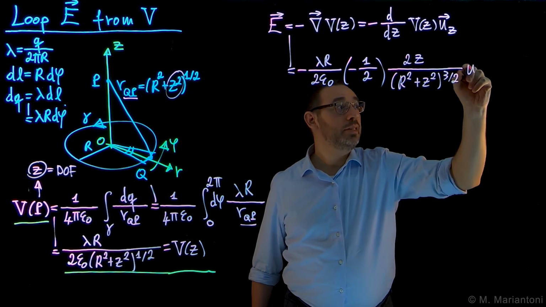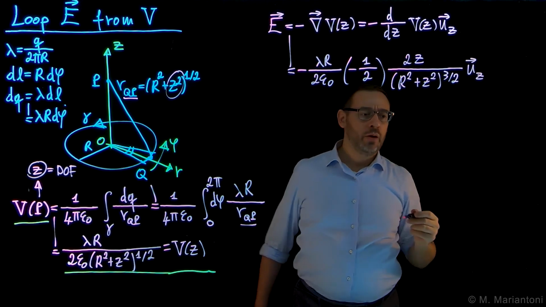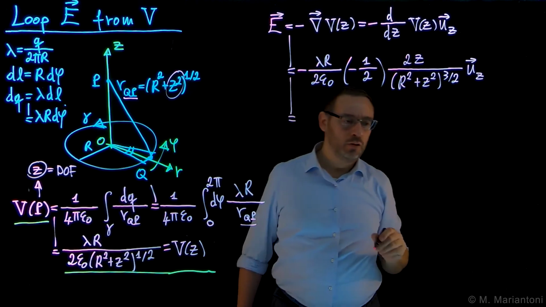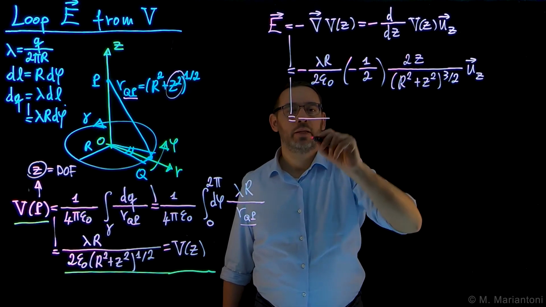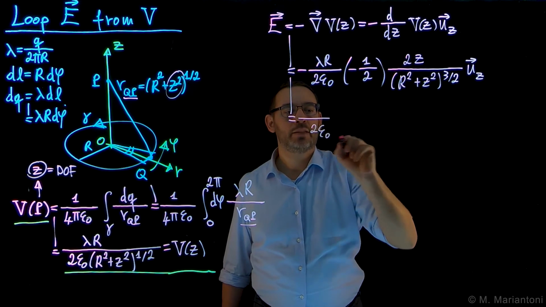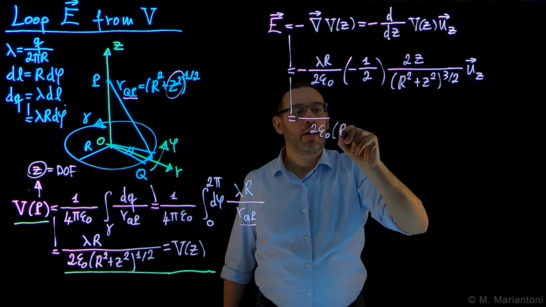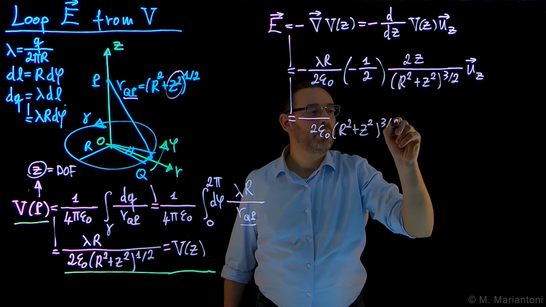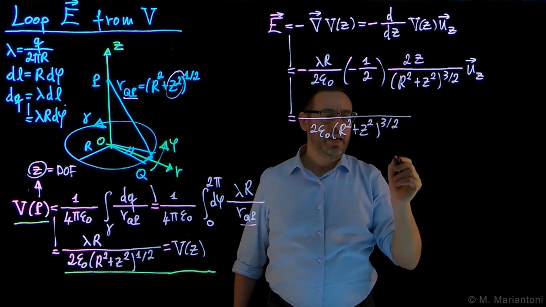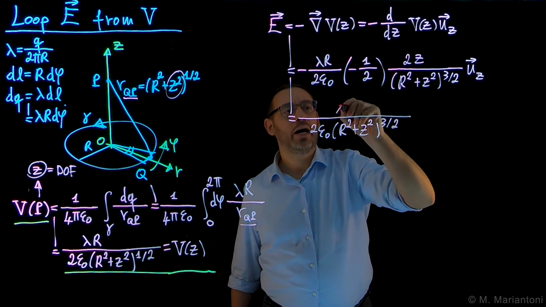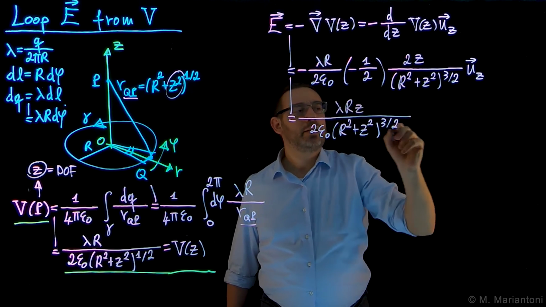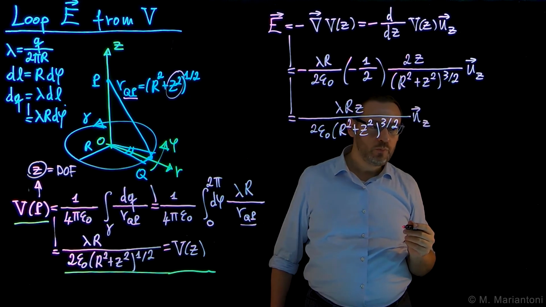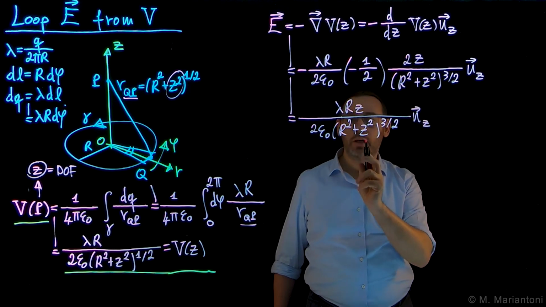And this goes in the u_z direction. We can further simplify this result, obtaining in the denominator 2 times epsilon naught times capital R squared plus z squared to the power of 3/2, and in the numerator lambda R z, in the u_z direction, which is exactly what we found previously.